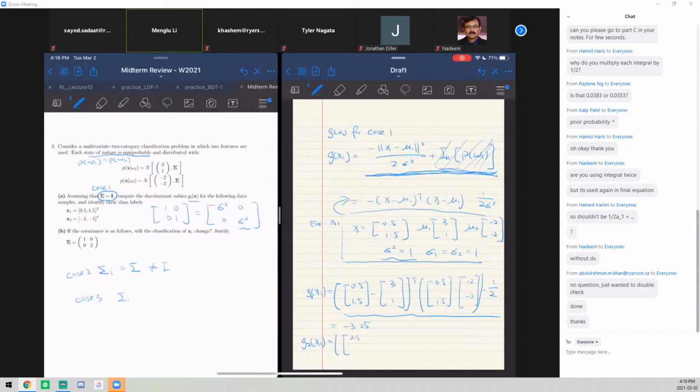The only difference is here. It's not 3.1, it's -2, -2. Okay, I wrote this wrongly. It's 3 and 1.